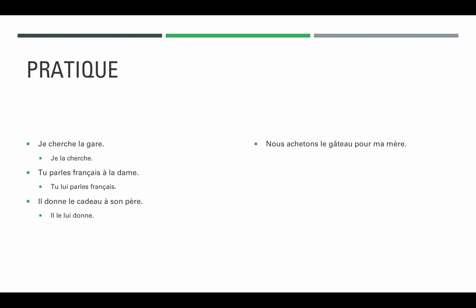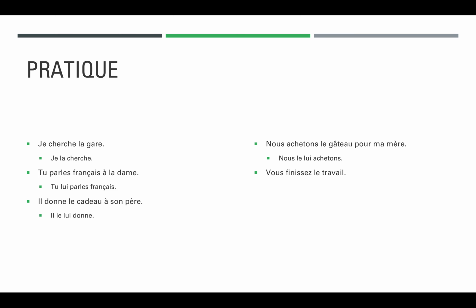Nous achetons le gâteau pour ma mère. So we buy the cake for my mother. All right. It for her buy. We have two here. All right. Guessed it? Nous le lui achetons.